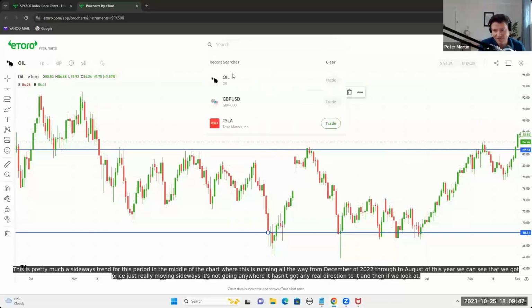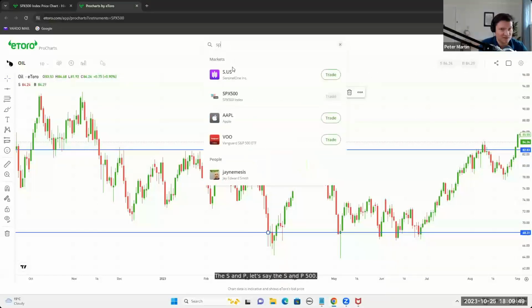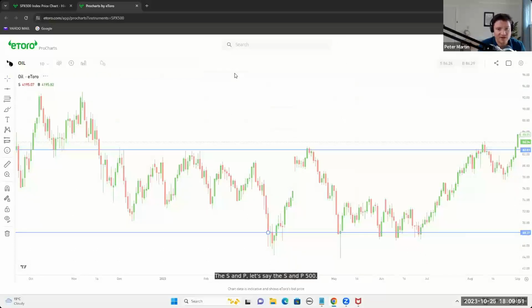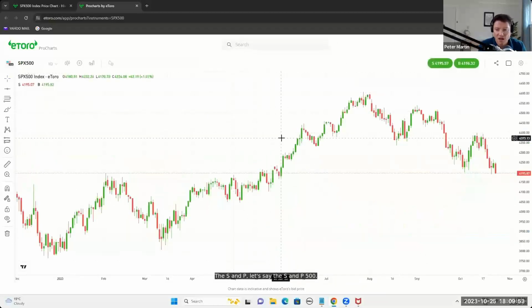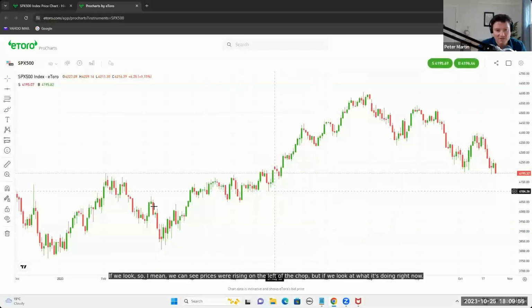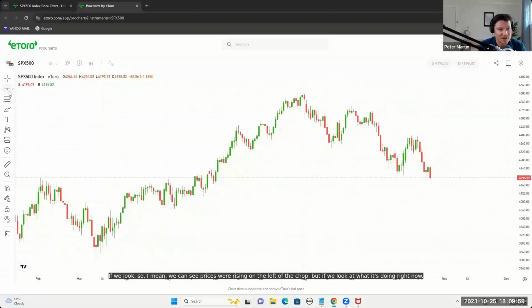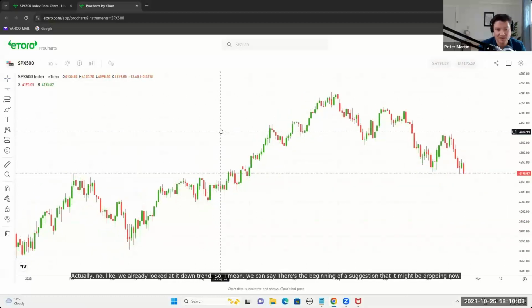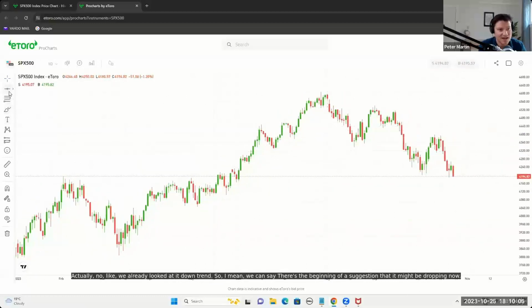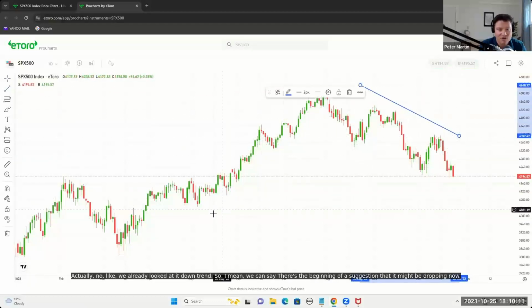And then if we look at the S&P, let's say the S&P 500, we can see prices were rising on the left of the chart, but if we look at what it's doing right now, actually, no, let's say we already looked at a downtrend. So, I mean, we can say there's the beginning of a suggestion that it might be dropping now. Who knows where that will end up?